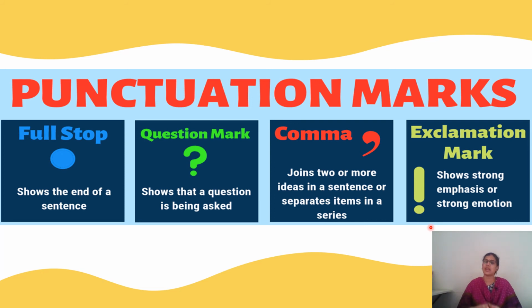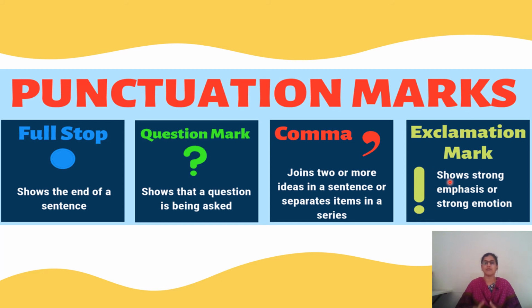So children, there are lots of punctuation marks used in the English language. But now, since you are all in the learning stage, we will be learning only about these 4 punctuation marks, which are nothing but full stop, question mark, comma and exclamation mark.